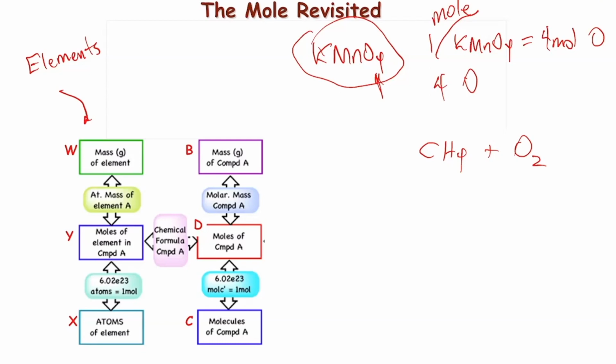So let's go back to this. Remember, I asked you, okay, I have 1 mole of KMnO4. What is the mass of oxygen? Well, the information is I have 1 mole of KMnO4, and I want the mass of oxygen in KMnO4.